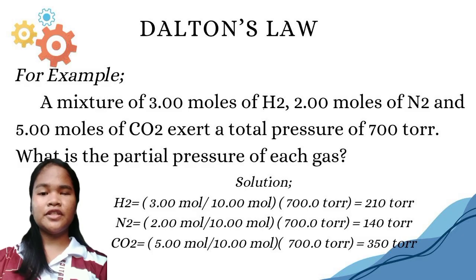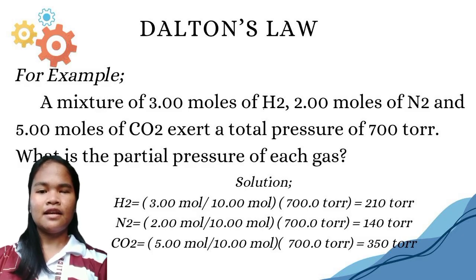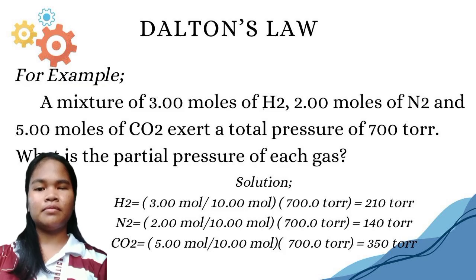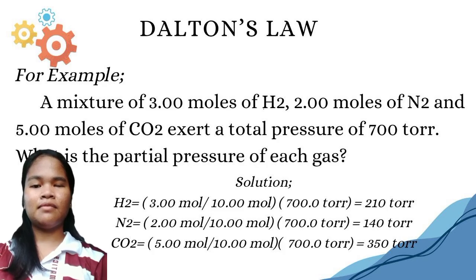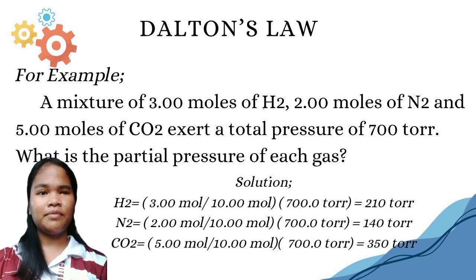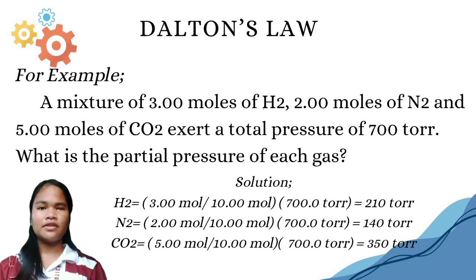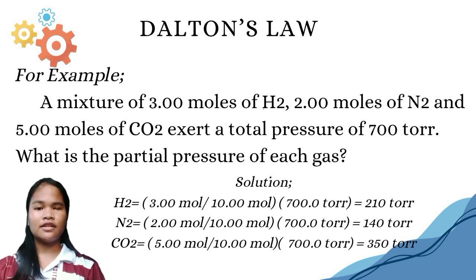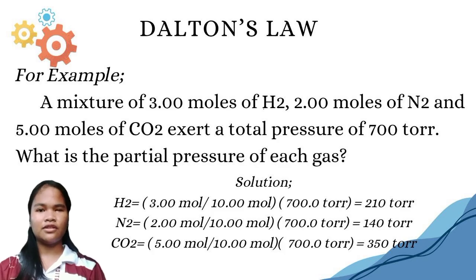To solve for the partial pressure of each gas, we need to divide the number of moles of the gas by the total number of moles of all the gases in the mixture, times the total pressure of the mixture. For example, we have a mixture of 3 moles of H2, 2 moles of N2, and 5 moles of CO2 that exerts a total pressure of 700 torr.